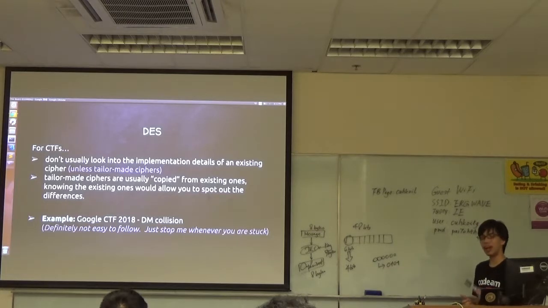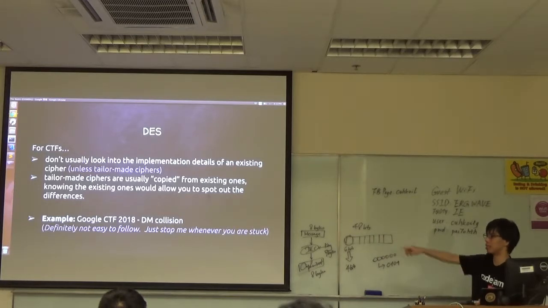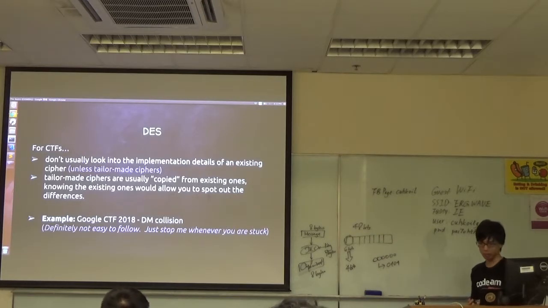In reality, especially in CTF games, the tailor-made ciphers are usually copied from existing ciphers. For example, Google has a CTF this year, and there is one challenge that I will discuss later.